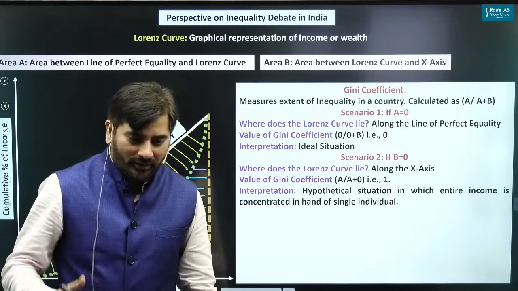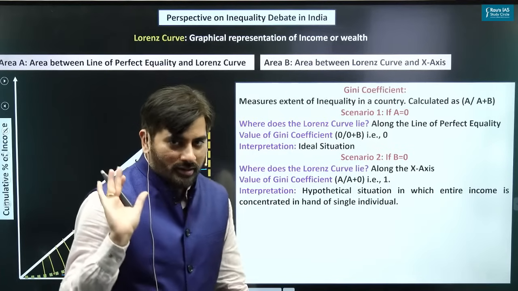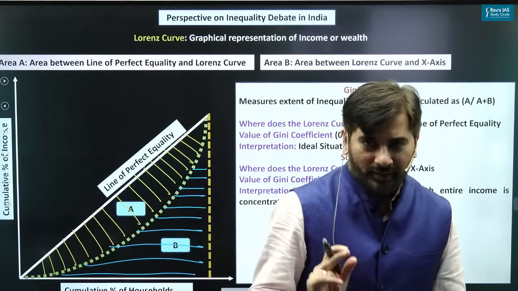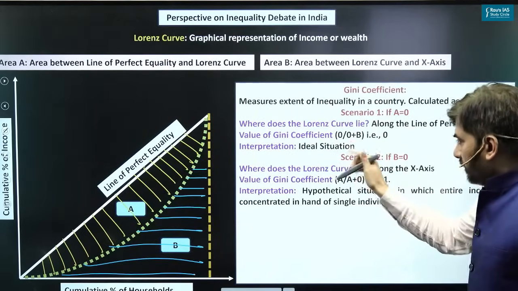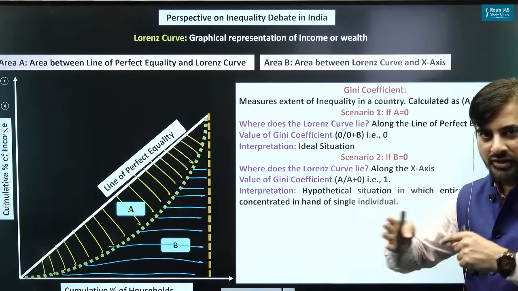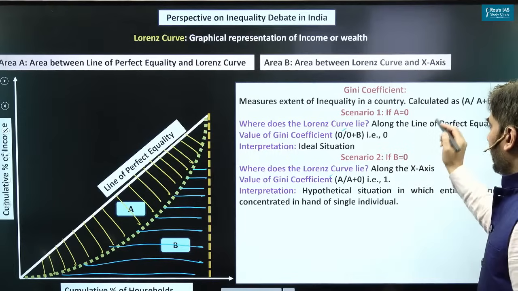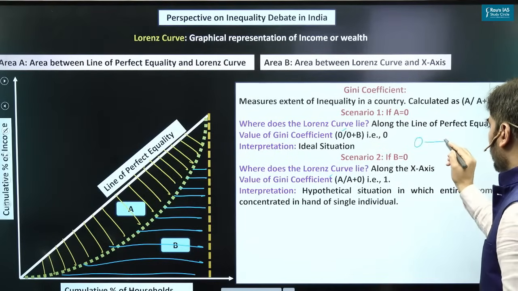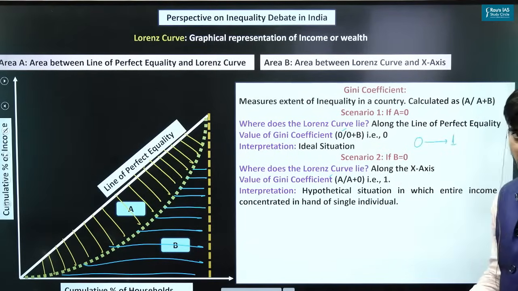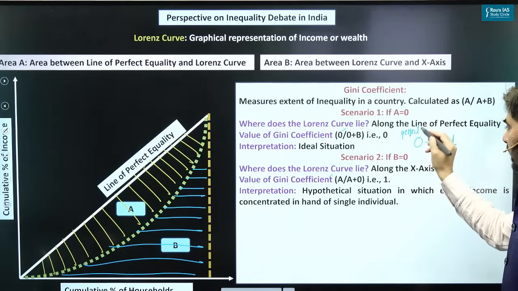So it's like a country is perfectly unequal if the Gini coefficient is equal to 1. So think of it, 0 and 1, both these values of the Gini coefficient are extreme. So the Gini coefficient will normally range between 0 and 1. And when I say 0, it means perfect equality.